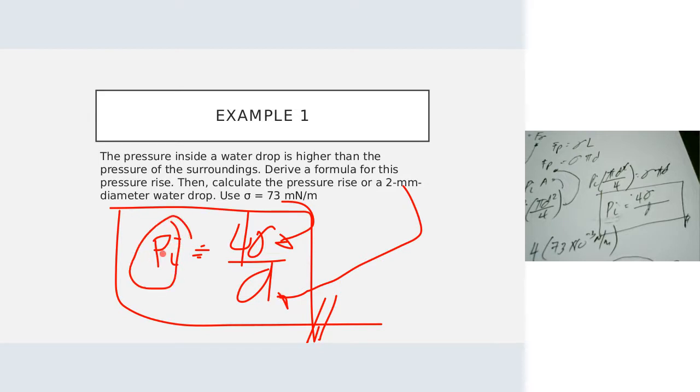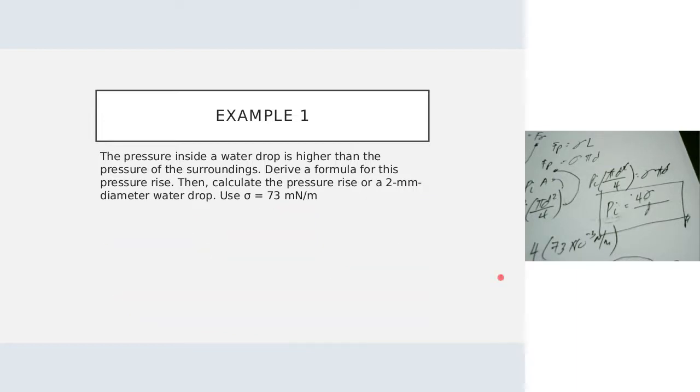But if you're given the internal pressure and the diameter, you can get the surface tension by cross-multiplying the diameter on this side and then dividing by 4. So this is the formula to remember.